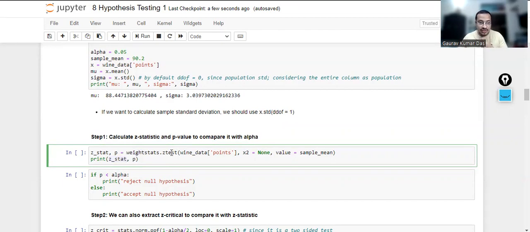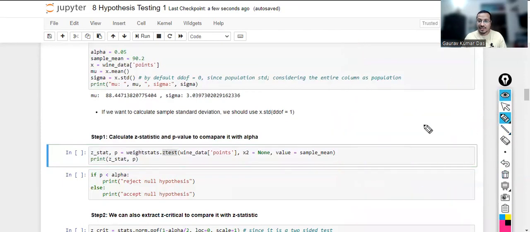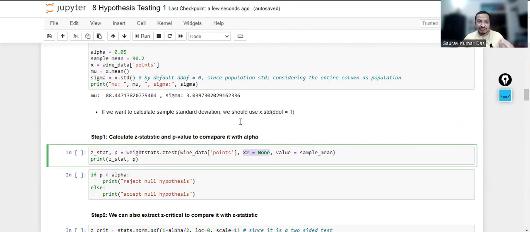Okay, so z test, what does this function require? This function basically requires three arguments: x1, x2, and the value. Value means it requires the sample mean. Here in fact we do not need x2, because x2 by default is None. None means it's a one sample z test.